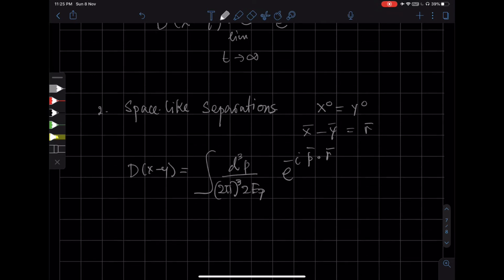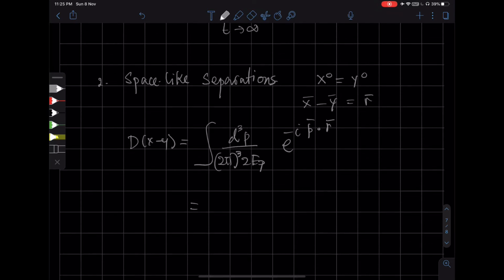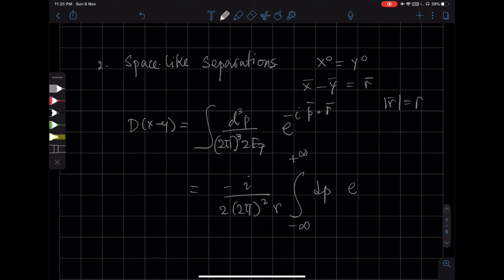And then if you go over to polar coordinates, I leave that as an exercise, and r is the modulus of the 3-vector r. And then I've done the angular integral, so we have an integral over p, and then we have p times e to the power i p r divided by the square root of p squared plus m squared.